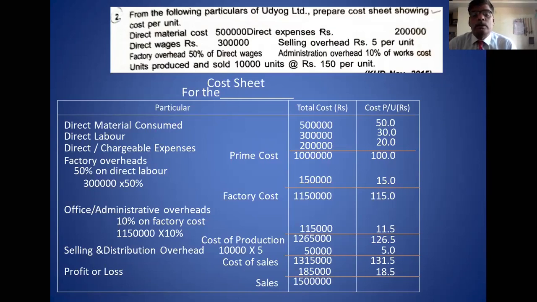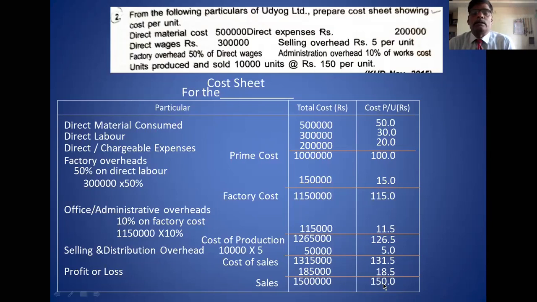And the difference between these two is called profit or loss. If the sale is more than cost, then that is profit. If the sale is less than cost, then the difference is called loss.